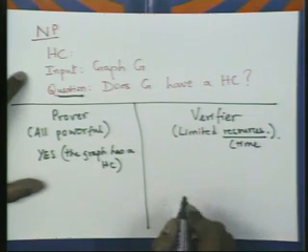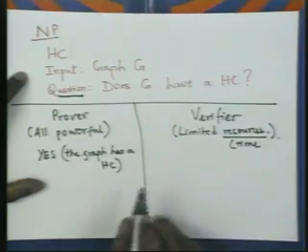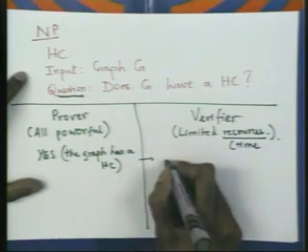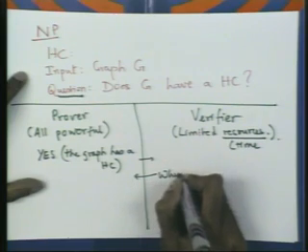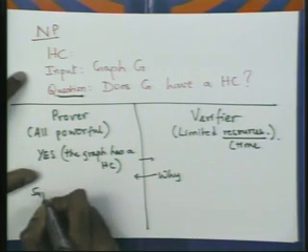Okay, there is an input graph that both the prover and the verifier are looking at. The prover says yes, the graph has a Hamiltonian cycle.